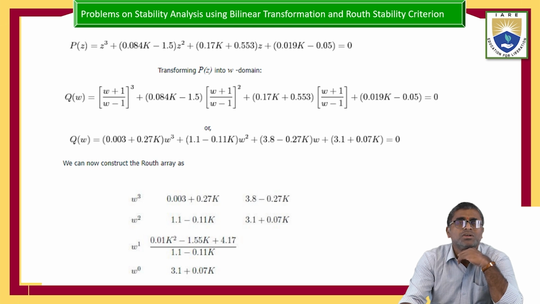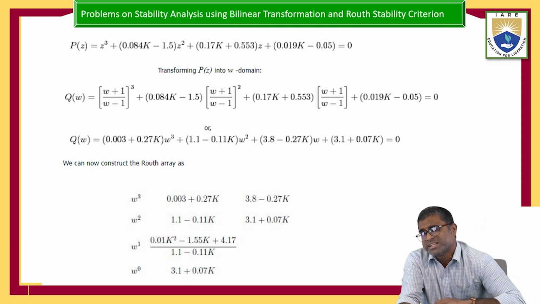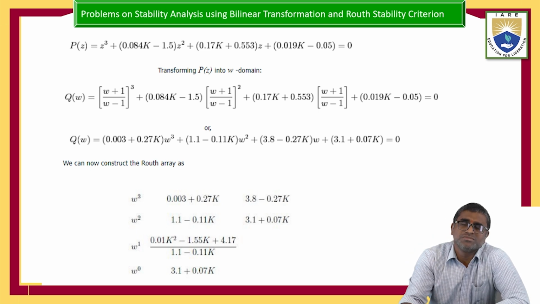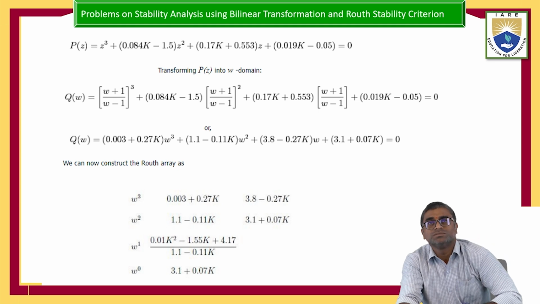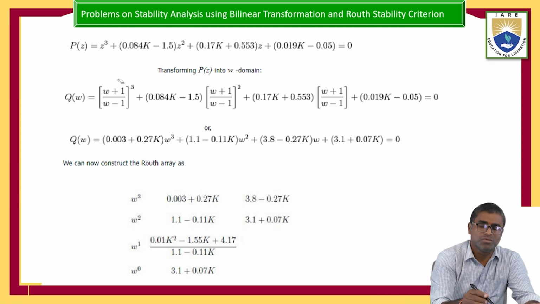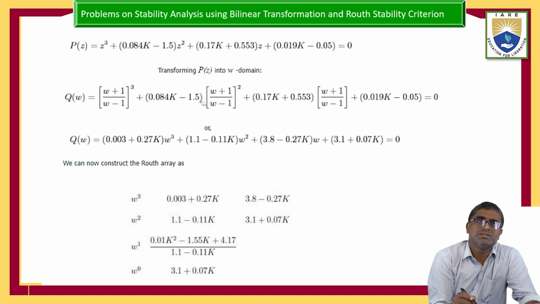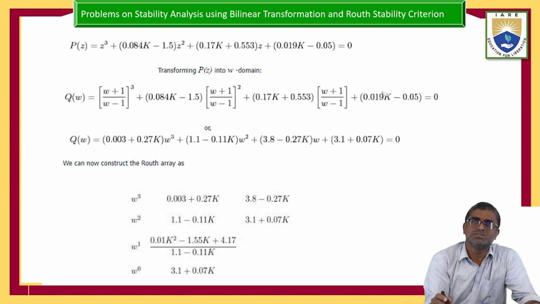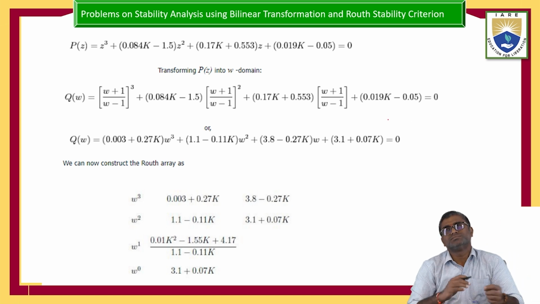Okay, the system is stable. So how can you find the RH criteria in the case of a digital control system? By using the bilinear transformation. Where Z is there, we have to replace it with omega plus 1 by omega minus 1. So replace that: omega plus 1 by omega minus 1 whole cube plus this part into omega plus 1 by omega minus 1 whole square plus this part into omega plus 1 by omega minus 1 plus this part.